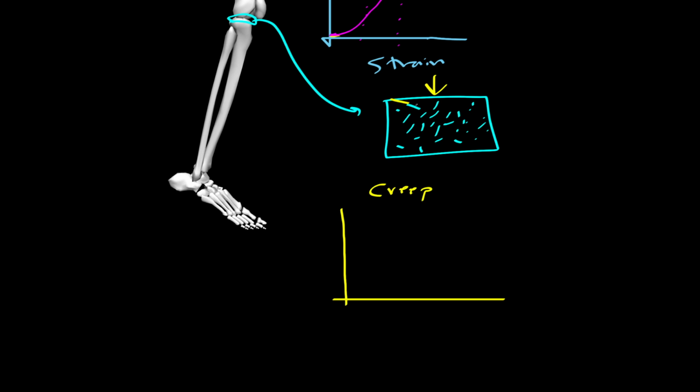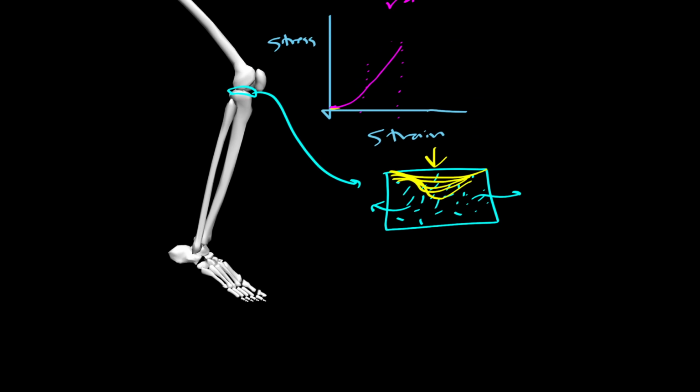It'll squish down. And then if you keep the force constant, it will gradually deform a little bit more. And I think we mentioned this last week, but that has to do with water getting essentially squished out of the material. So that might have something to do with why cartilage responds differently to different durations of loading.